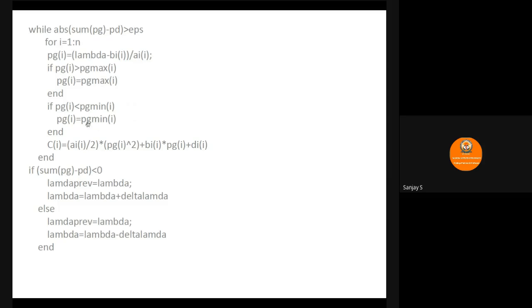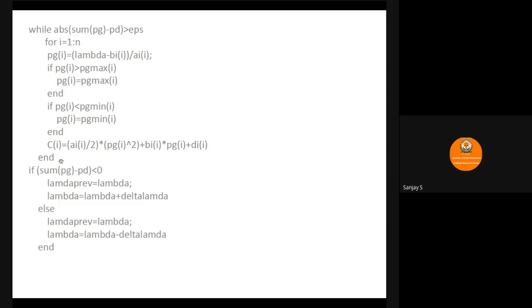Once this is done, we compute the cost. C of I is equal to AI of I by 2 times Pgi square plus Bi Pgi plus Di. This is your cost equation, which is Ci is equal to half AI Pgi square plus Bi Pgi plus Di.